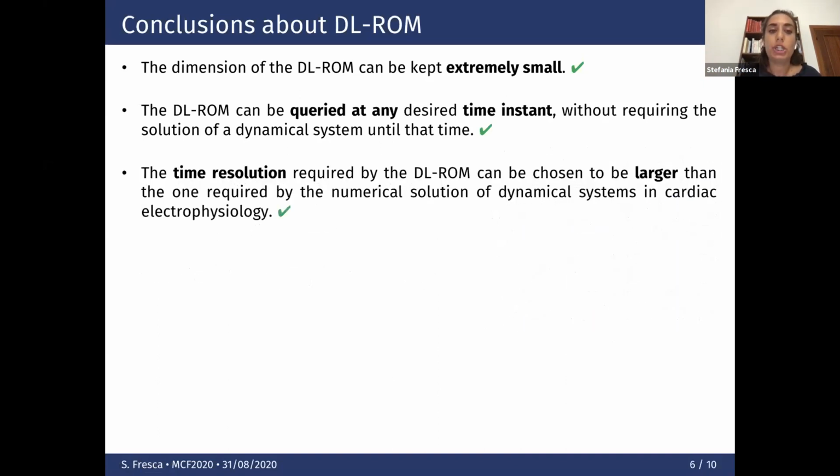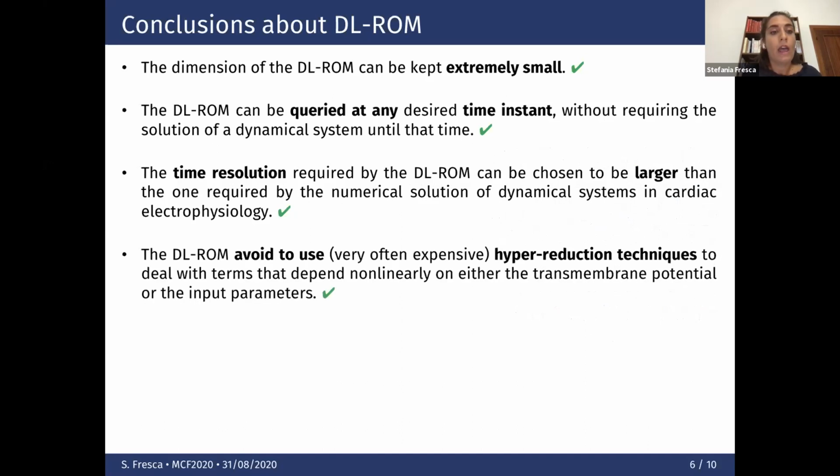Moreover, the time resolution required by the DL-ROM can be chosen to be larger with respect to the one required by the numerical solution of the dynamical system associated to EP. The DL-ROM, moreover, avoids expensive hyperreduction techniques to deal with terms that depend non-linearly on the solution or on the input parameters.